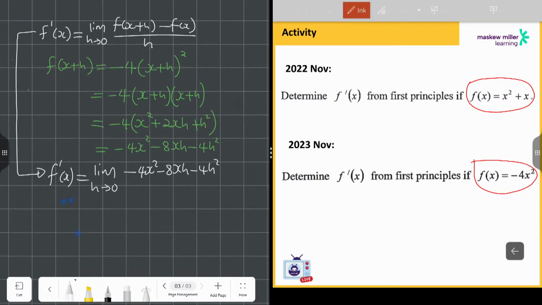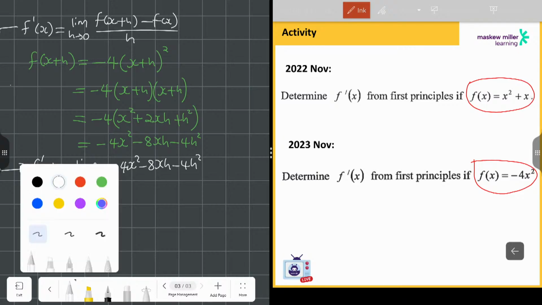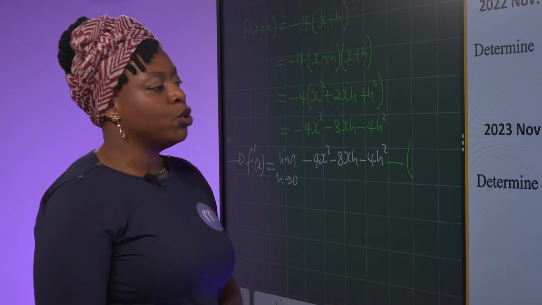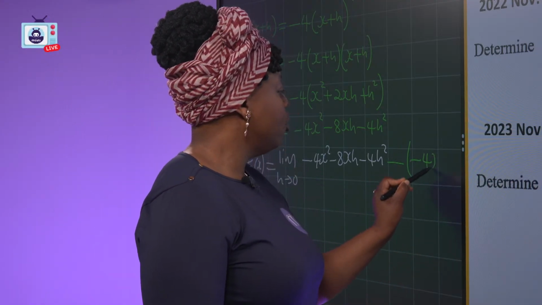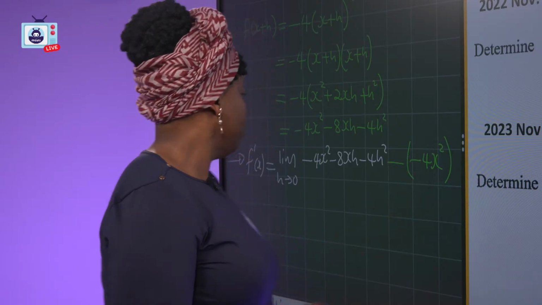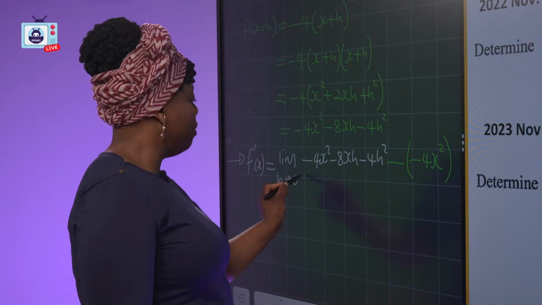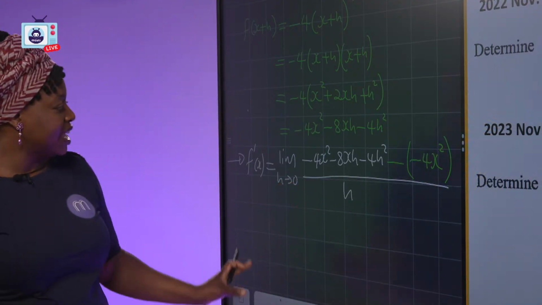That is only for our f of x plus h. We still have our f of x. So we're going to minus this, and then in a bracket, we're going to write the f of x as it's given to us, negative 4x squared. Please remember to do it that way so that you don't make any mistake. Divide it by the whole h like that.